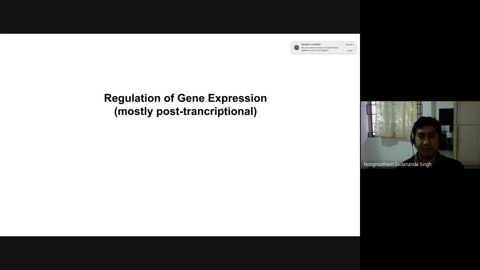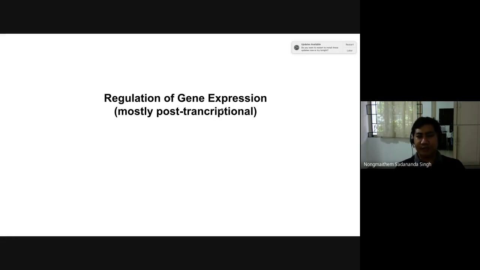co-transcriptional regulation. One of the very good examples of co-translational regulation in prokaryotes is the tryptophan utilization operon that we talked about earlier. Also, I think we'll just go through it again in a better way.